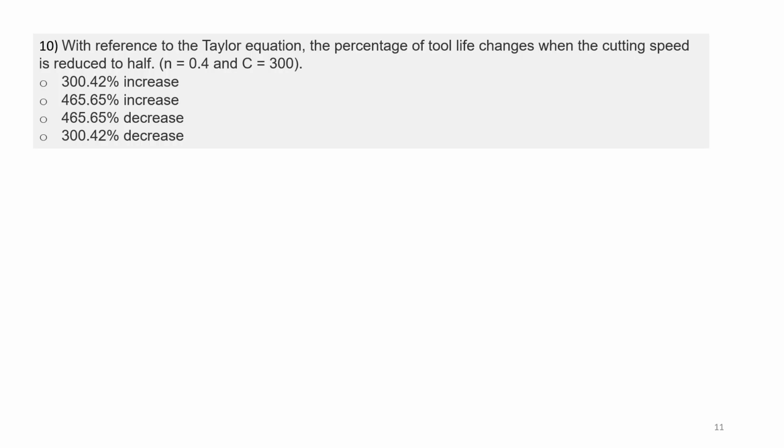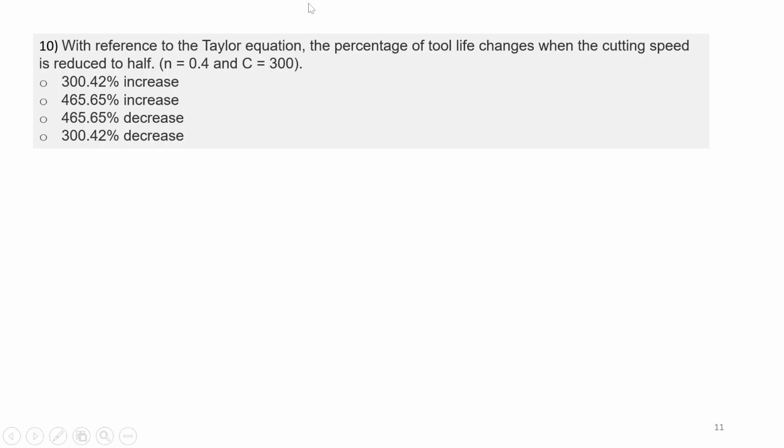Next question is, with reference to the Taylor equation, what is the percentage change in tool life when the cutting speed is reduced to half? N is 0.4, C is 300. Your options are 300% increase, 465% increase, 300% decrease, or 465% decrease.